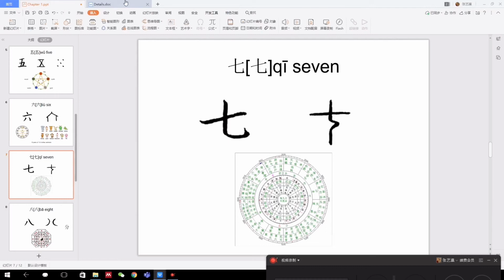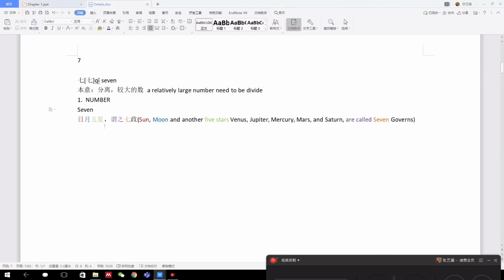For example, 日月五星谓之七正. 日 is sun, 月 is moon, 五星 is 5 stars: Venus, Jupiter, Mercury, Mars, and Saturn. Venus in Chinese is called golden star. Jupiter is called wood star. Mercury is called water star.